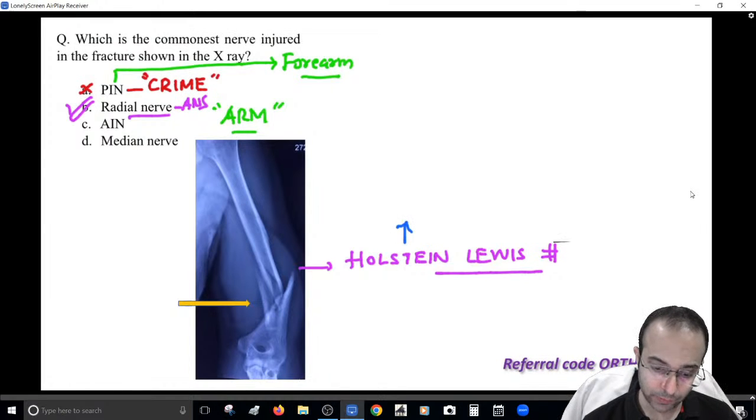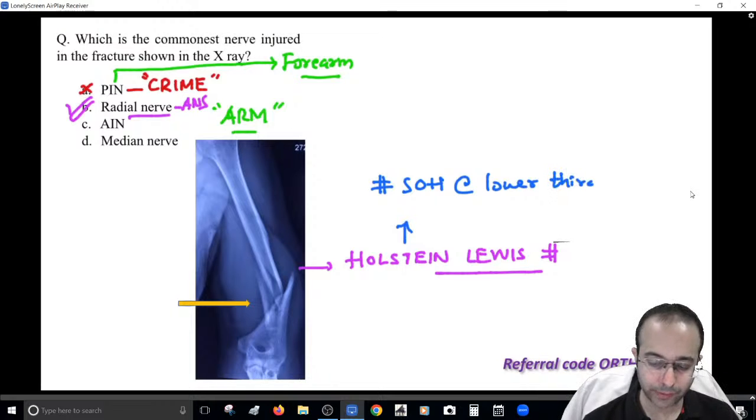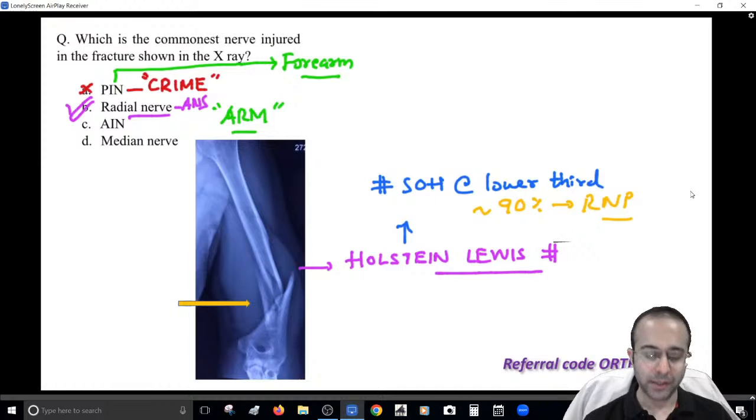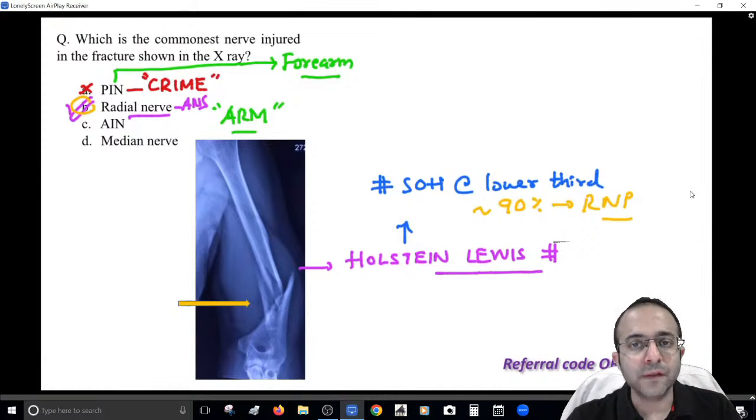Holstein-Lewis is basically a fracture of the shaft of the humerus in the lower third, and that's where this fracture is. In such cases, almost 90% of the time you will find a radial nerve palsy, and that's perhaps why I've answered that it's the radial nerve that's likely to be injured, because this is a Holstein-Lewis fracture.